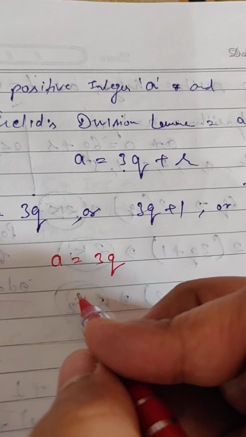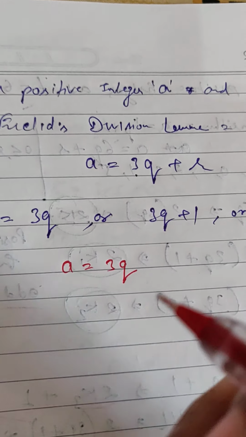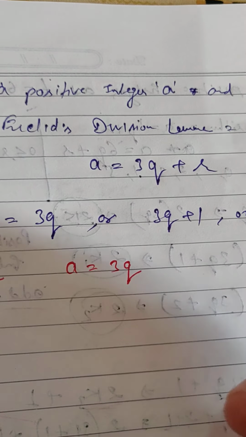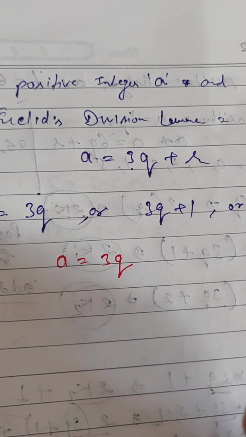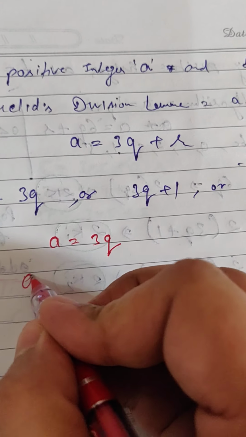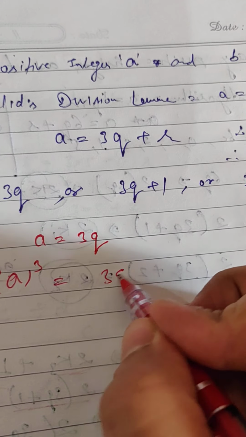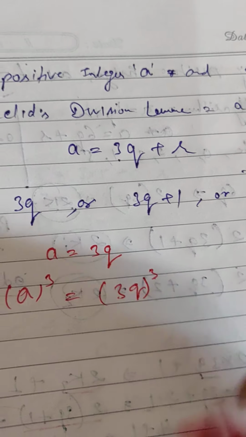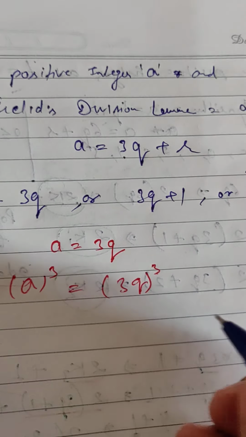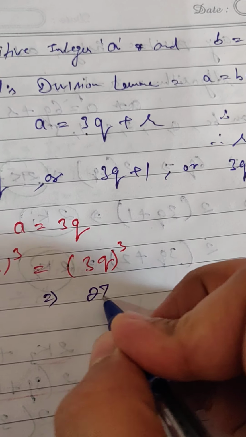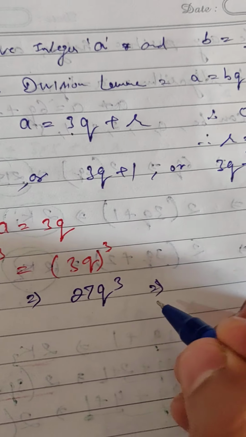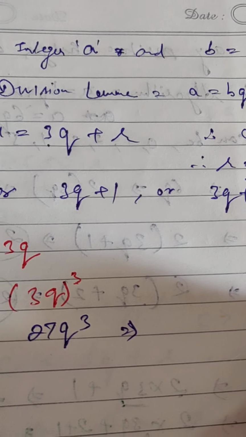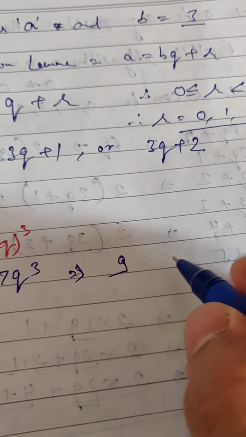They are telling us to show that the cube of any positive integer is of the form 9m, 9m plus 1 or 9m plus 8. So we need to make a cube of it. So the (3q) whole cube, so it will be 27q cube. Now this 27q cube we need to represent in the form of 9, so we will take 9 out of it.